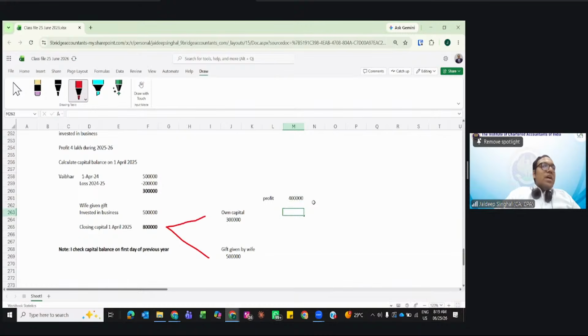Everyone, can you help me allocate the profit? Can I say 4 lakh into 3 divided by 8? Sorry, 3 divided by 8. 3:5 is the ratio.